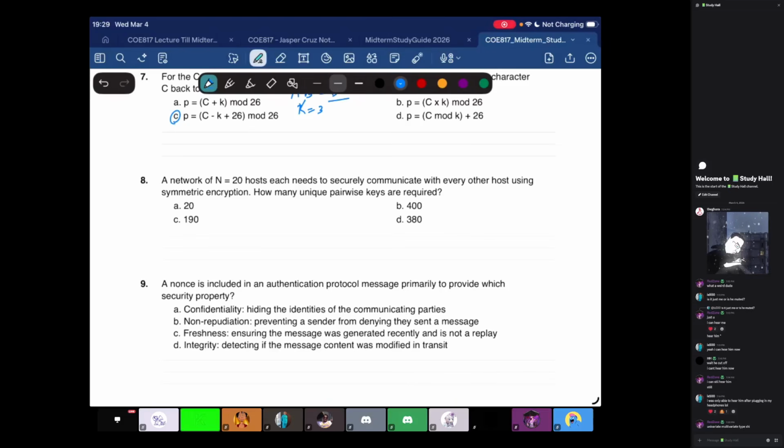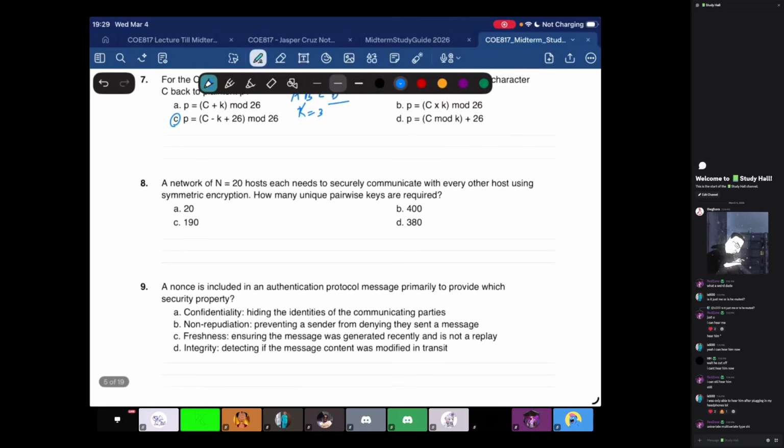There's a function used in this calculation: multiplying n times n minus 1, because you need to communicate with everyone except yourself, and you divide that value by 2, as you need 1 key per communication between, let's say, person A and person B. If we sub in 20, this will give us 190. Therefore, that's our answer.